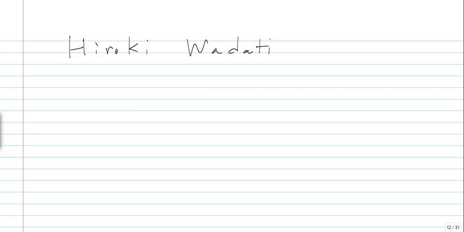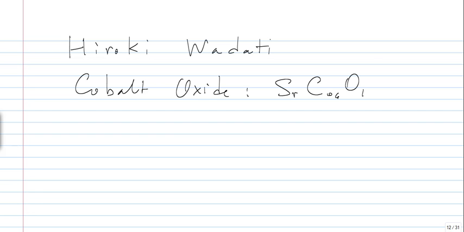Recently, while studying the magnetic properties of a magnetic material, a cobalt oxide, they saw this kind of devil's staircase behavior, or the Cantor function behavior. So it's really amazing.